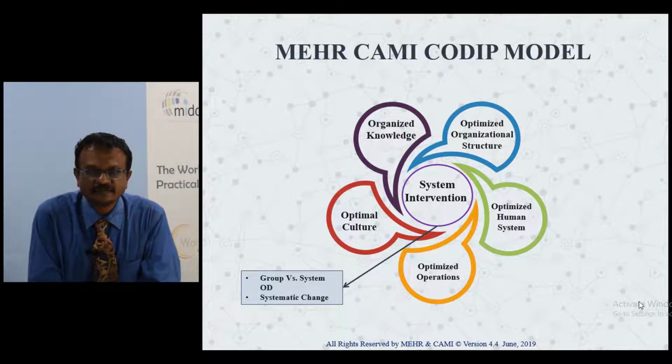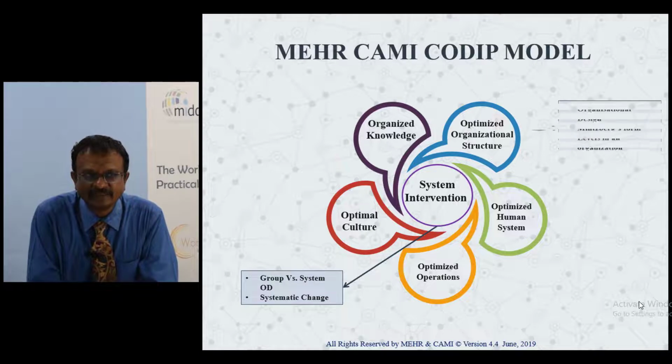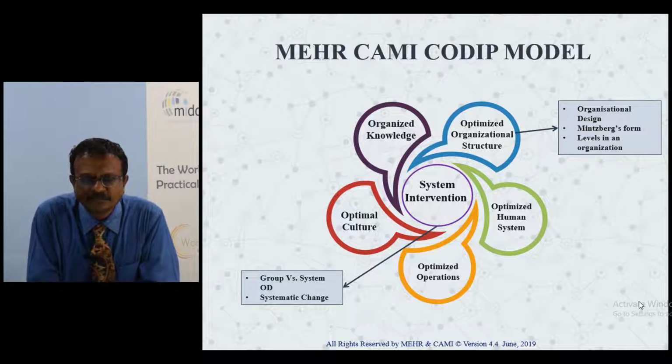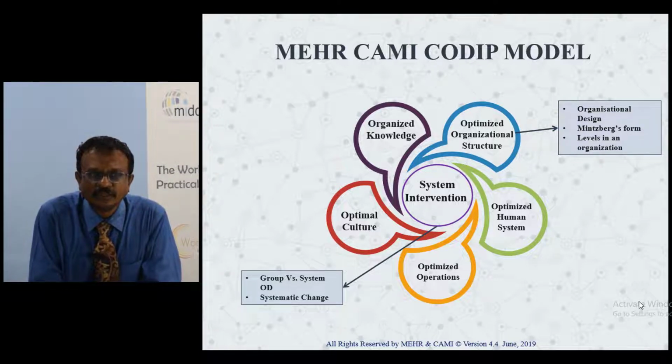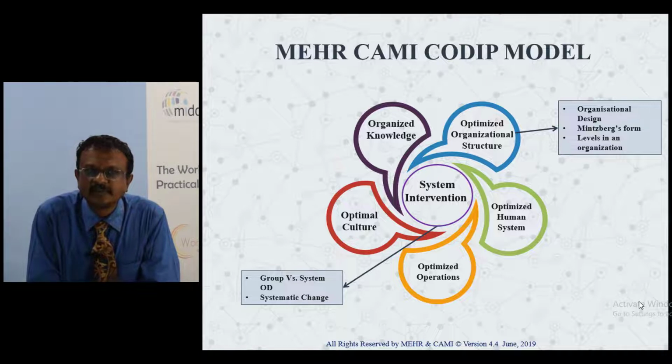So the focus of the first session is on change management and understanding what system OD is about. In the second week, we focus on organizational design. How do you structure an organization? How do you look at Mintzberg's various forms in an organization? How do you look at different levels and different practices? All this we look at in this session.